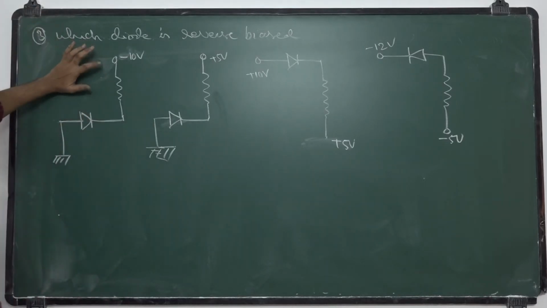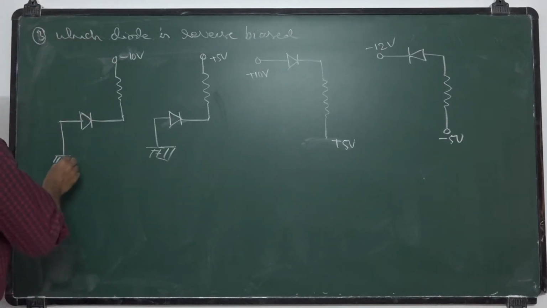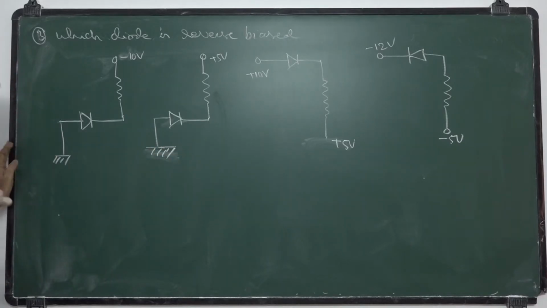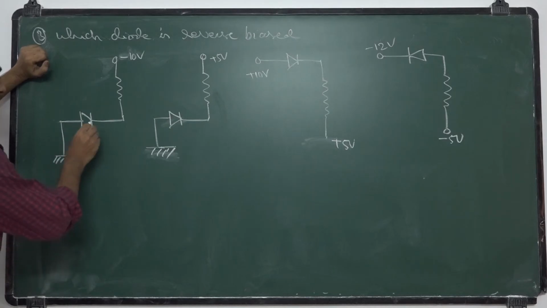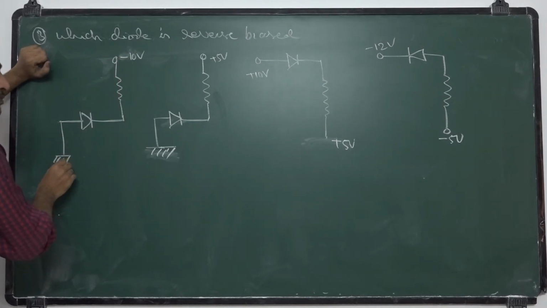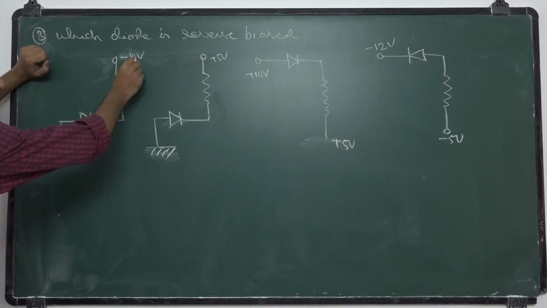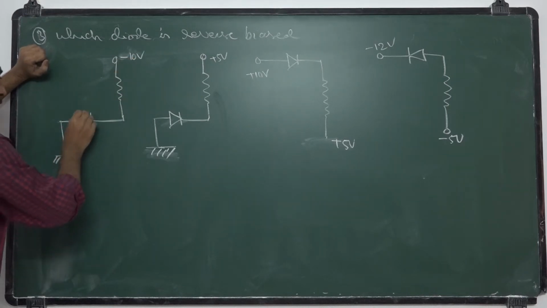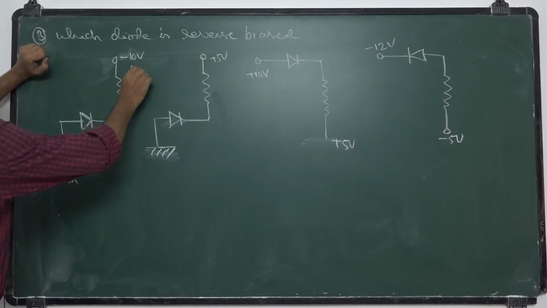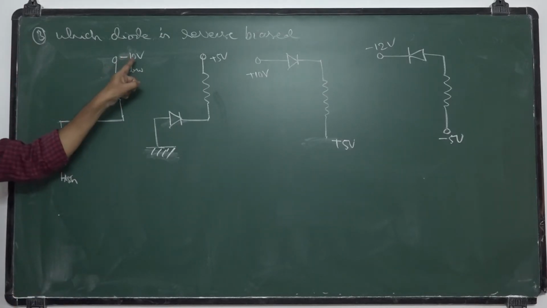Now in this case, this is grounded. Grounded means zero potential. So this diode is, this is minus 10 and this is 0. So 0 is greater than minus 10. That means this is forward bias because this is high and this is low, because 0 is greater than minus 10.